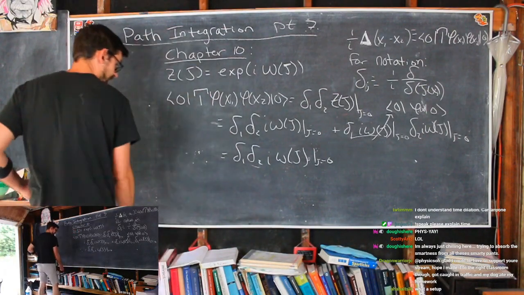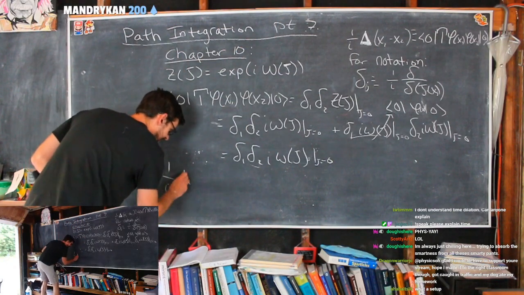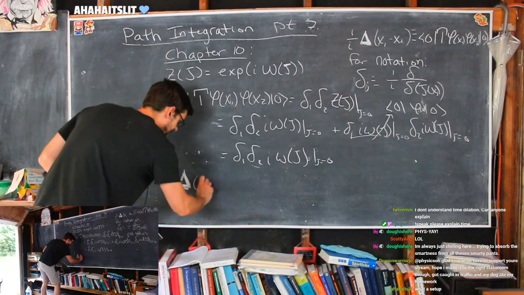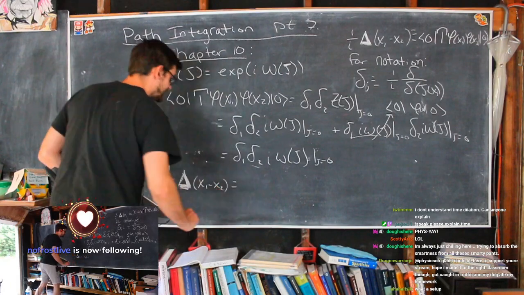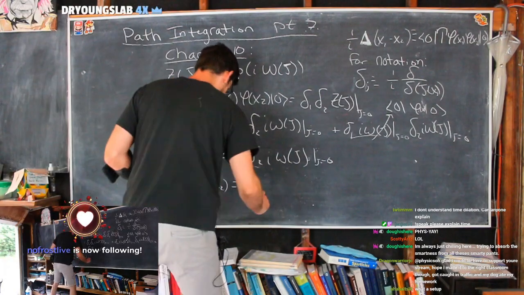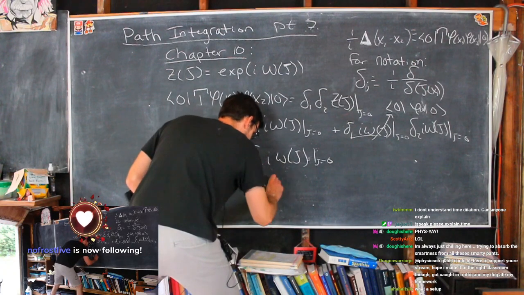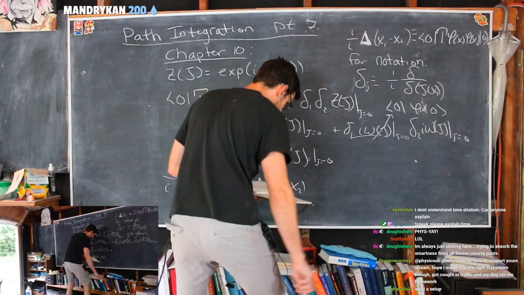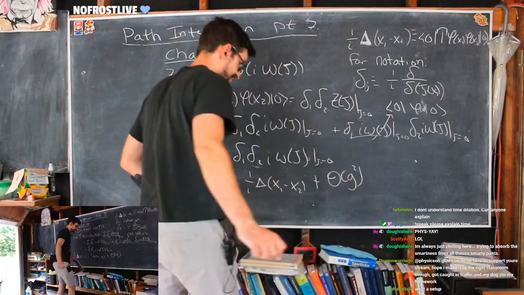So this is the only thing that's going to be left. What we can say is 1 over i, and then this weird delta that's supposed to include a bunch of things, x1 minus x2, for this particular case, is just going to have the 1 over i, the normal Green's function propagator, x1, x2, and some higher order terms in g squared.